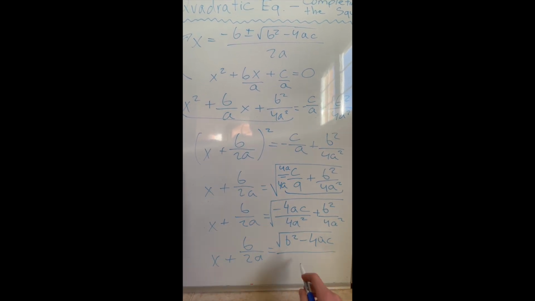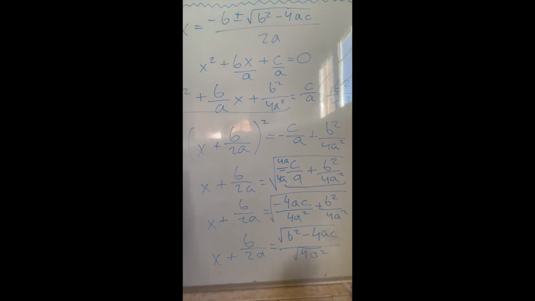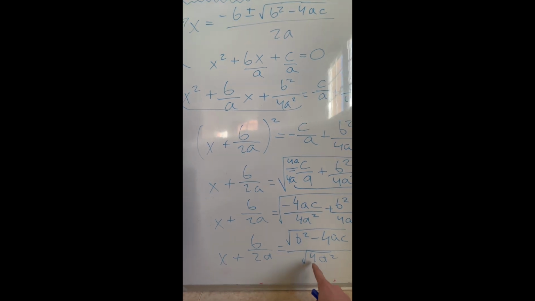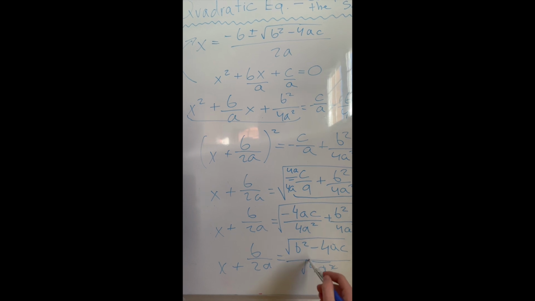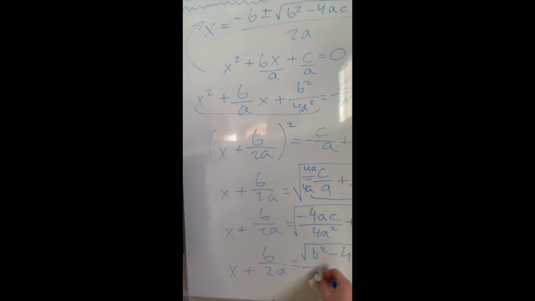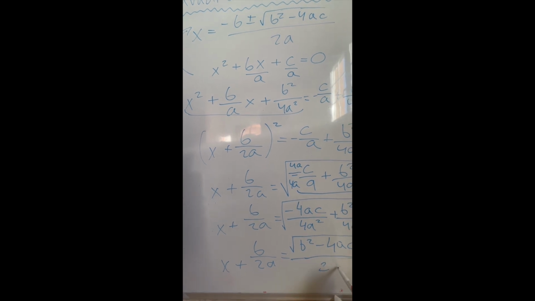And the square root of 4a squared is the same as square root of 4, which is 2, times square root of a squared, you just cancel these two, is a. So, divided by 2a.